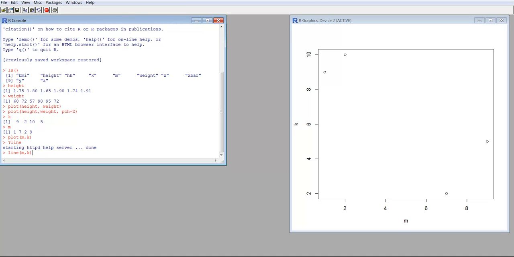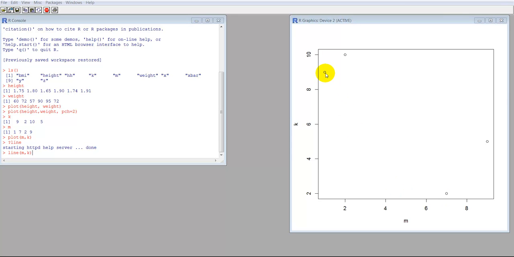Now the thing to know before we do it, though, is how is it going to join the points? For example, is it going to join this point to this point, or this point to this point and to this point? You might think it's going to join this point because this is the next closest one, or because that's the order of the x-axis.